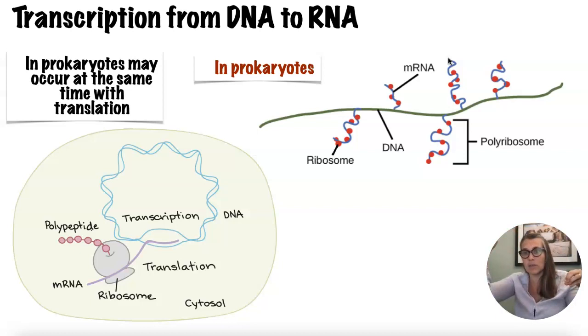They're not yet in the terminator step. But even though they're still attached, the ribosomes are going to attach to them, and they're going to start doing translation. So they're going to start reading that mRNA and creating the protein. So at the same time you get transcription and translation happening in prokaryotes, so bacteria.